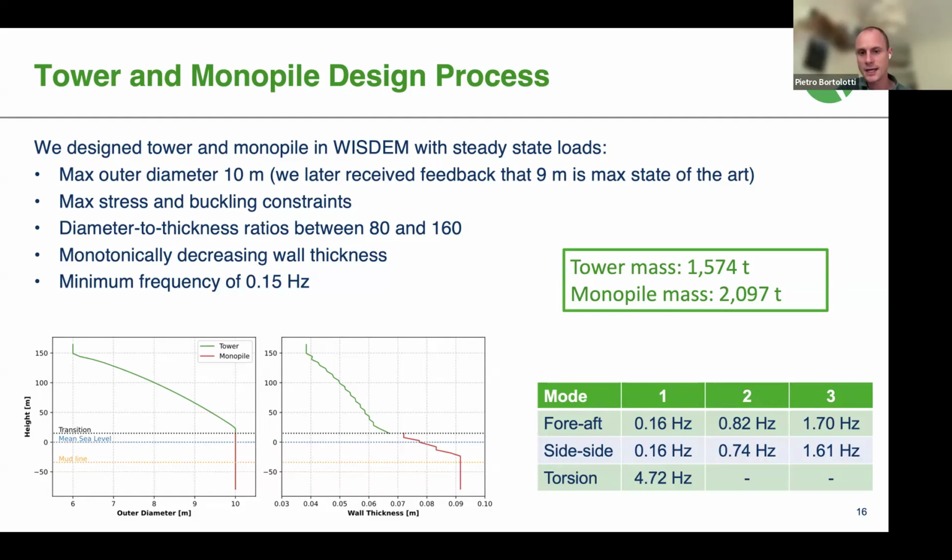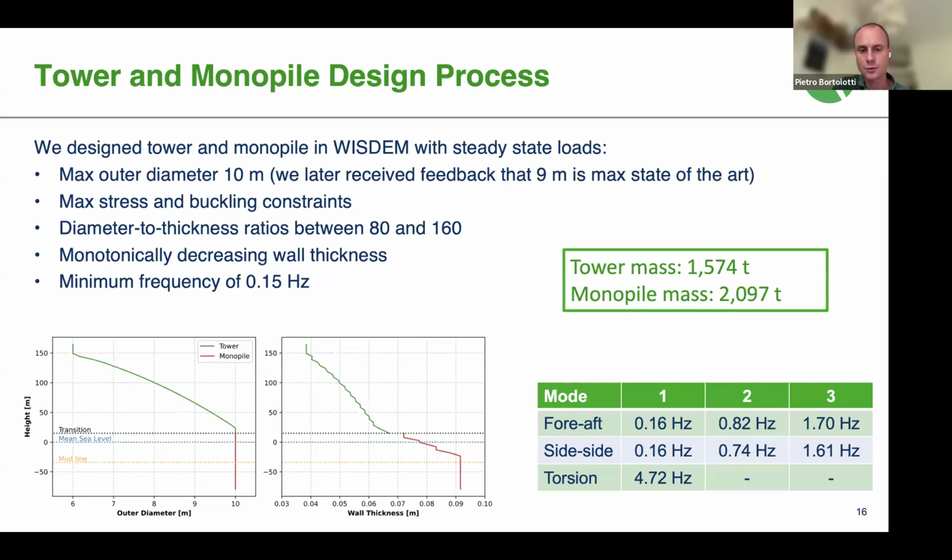We did receive feedback that today the state of the art is 9 meters, but that it is a little bit of a challenge to design at 9 meters. Anyway, the design imagines an improvement of the technology so that we can support 10 meter outer diameters.